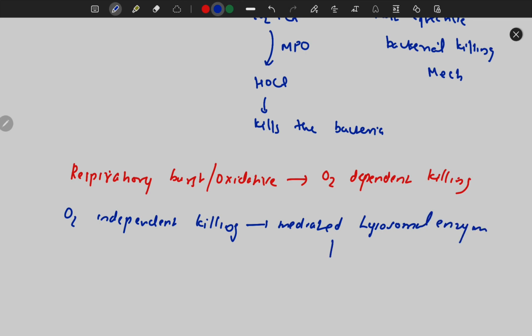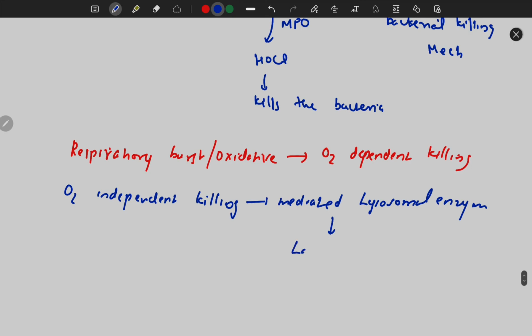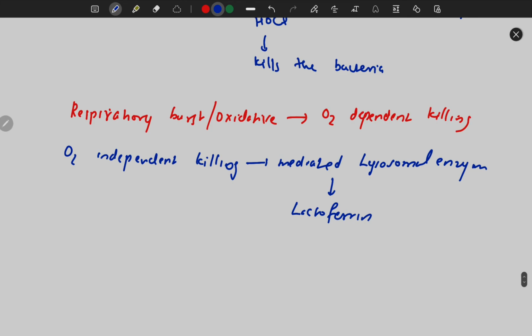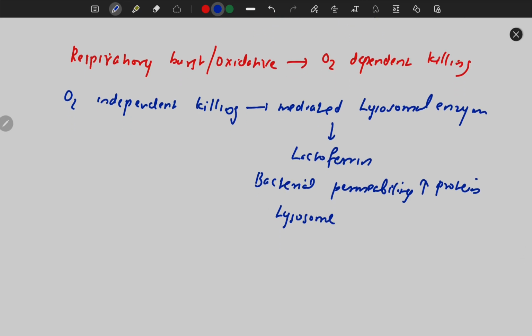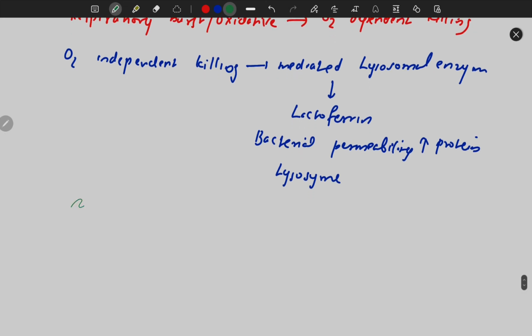Lysosomal enzymes such as lactoferrin, bacterial permeability increasing protein, and lysozyme.